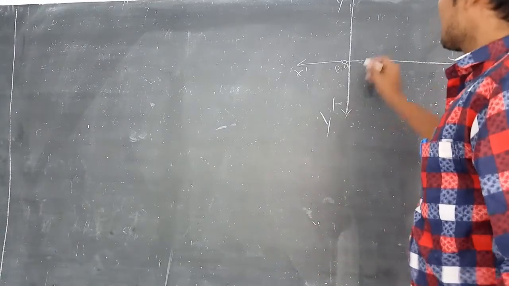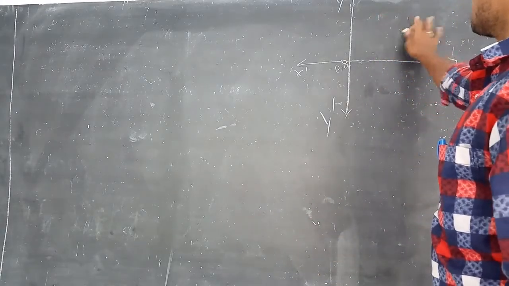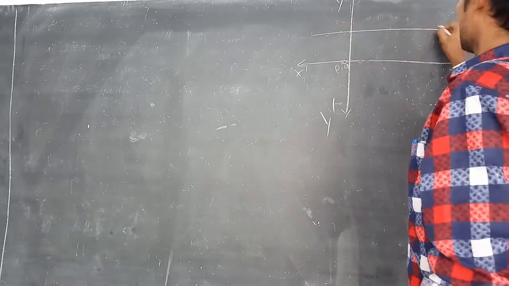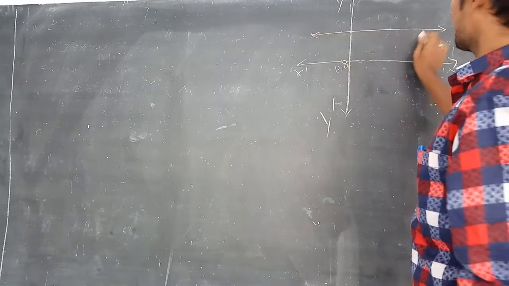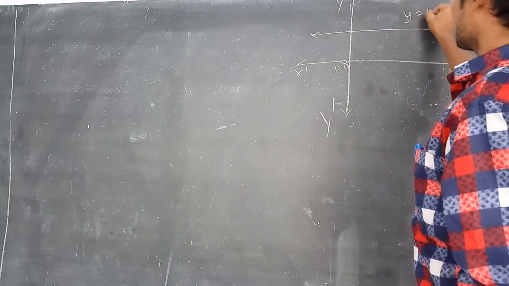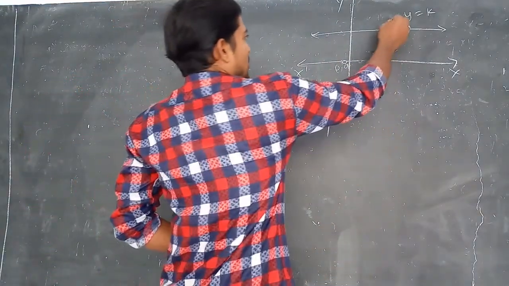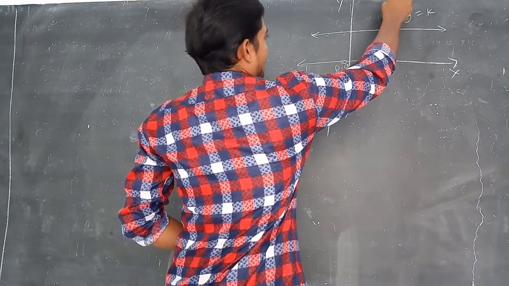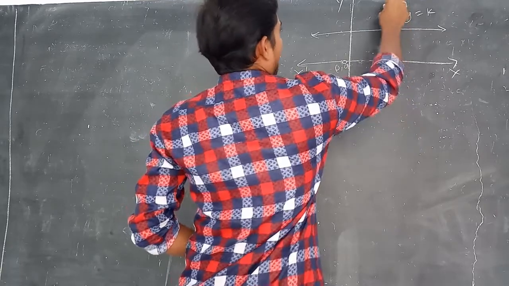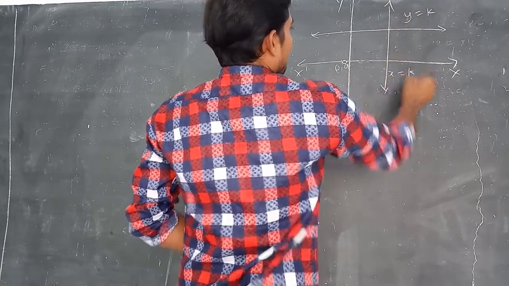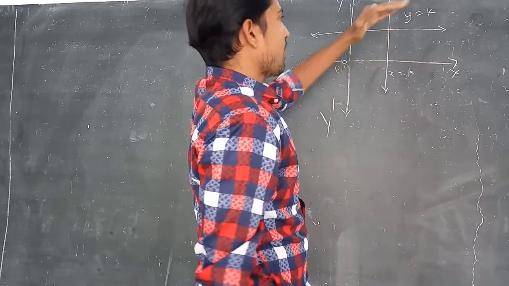This is y equal to k, parallel to x-axis, and x equal to k is parallel to y-axis.